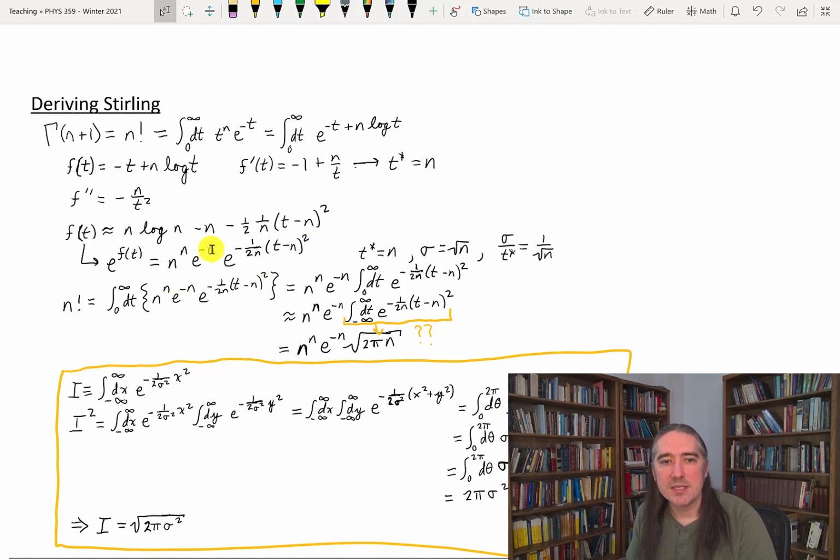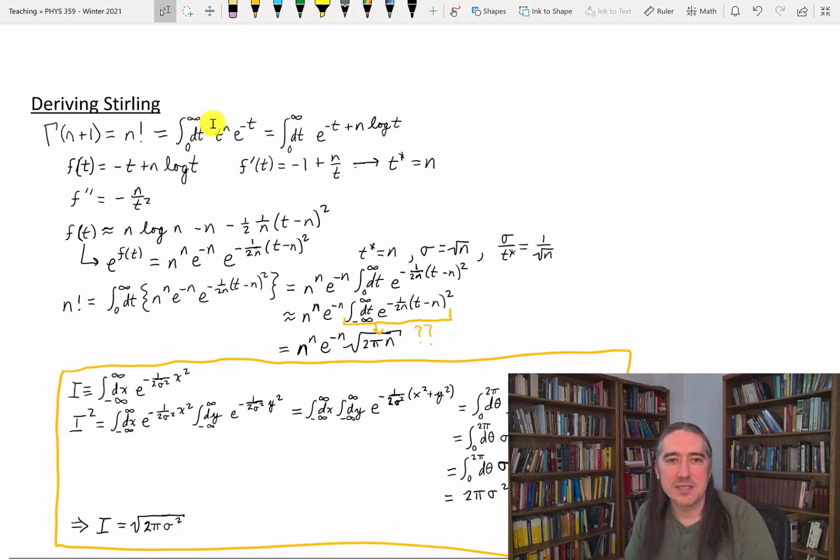Now I've separated this piece from this piece because this bit has no dependence on t, and so when we go to do the integral, that part's just going to pull right out. Another notational thing I should mention: you may have been confused up here because I just wrote integral 0 to infinity dt, and there was nothing between the integral and the dt. Much like the fact that I write log and mean natural logarithm, I always write my integrals this way, like it's an operator acting on the function after it.